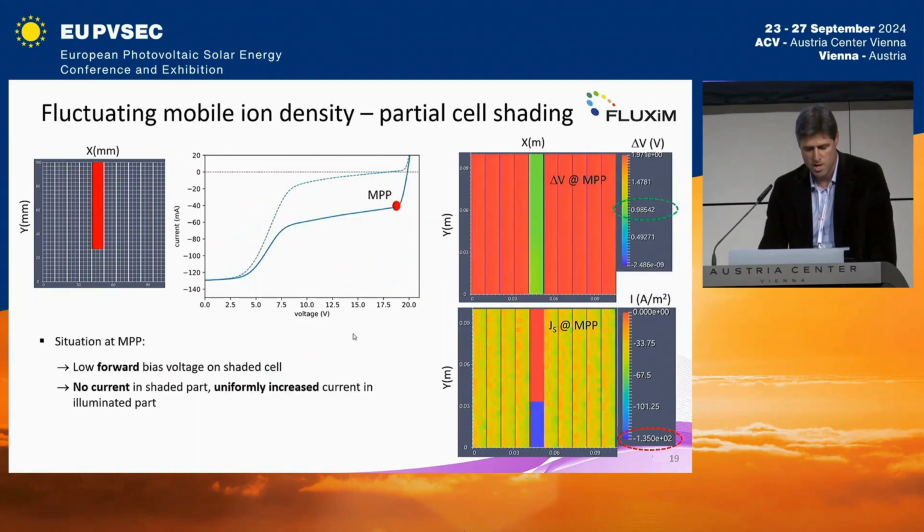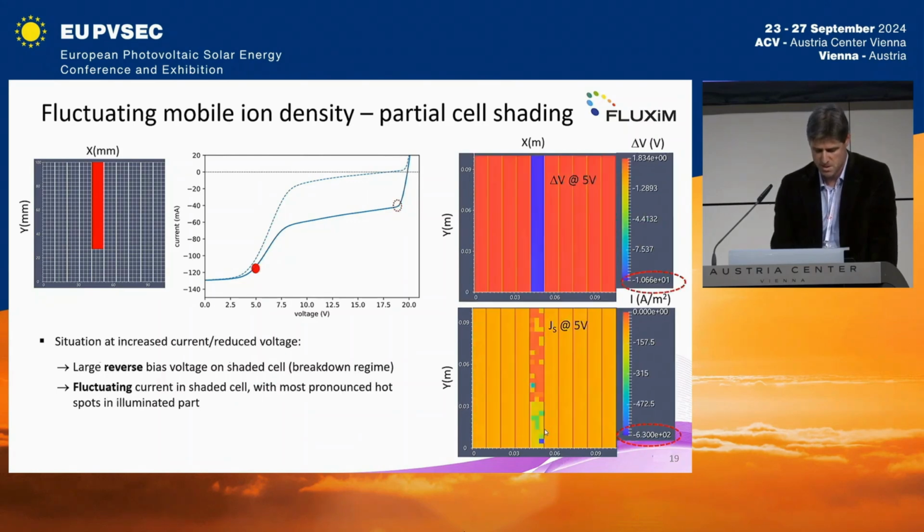If you have partial shading, your maximum power point is at a quite high voltage, and this means that you're not in the reverse breakdown regime here, you're more in the shunt regime. And in this situation, you have almost no current in the shaded part, and all of the current flows in the illuminated part, but the current flow is uniform.